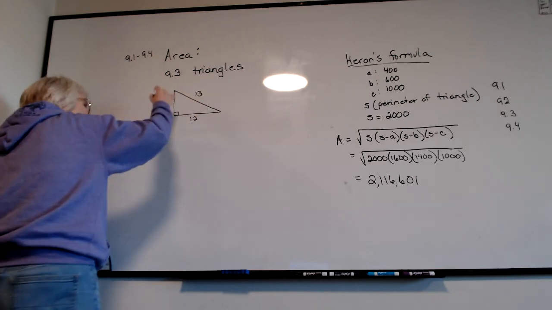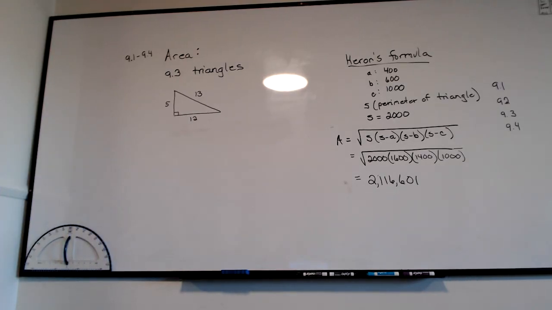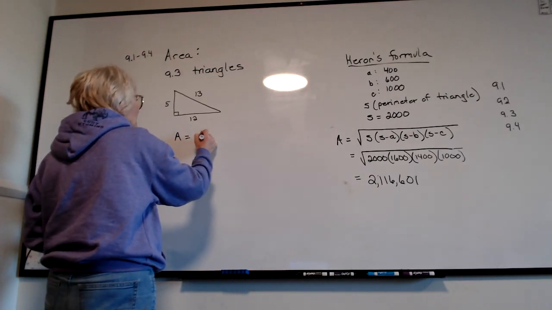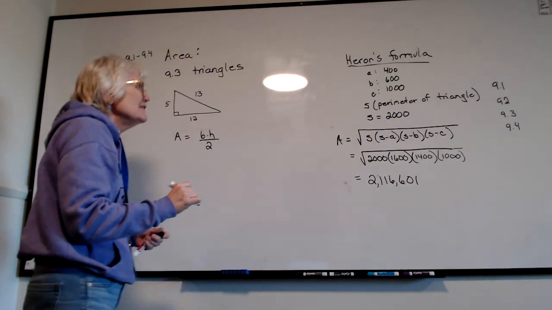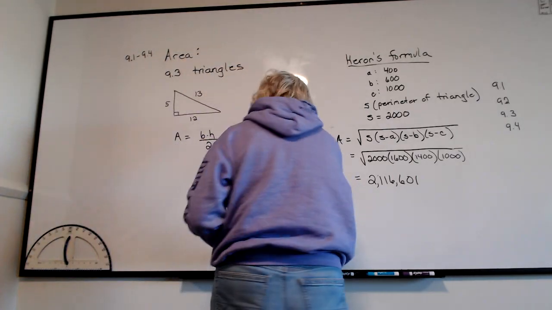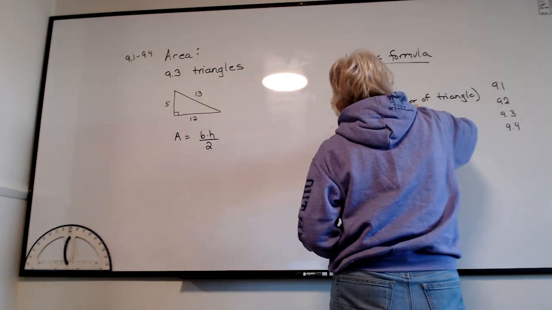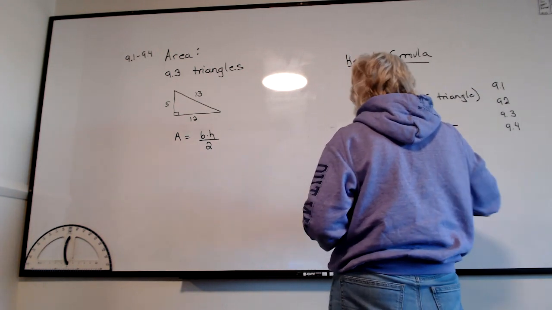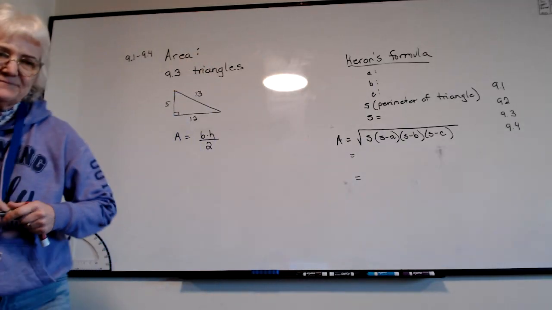I know that's an actual right triangle, a Pythagorean triple. So calculate the area using base times height divided by 2, and then calculate the area using Heron's formula, and see if you get the same thing. See how accurate this is.